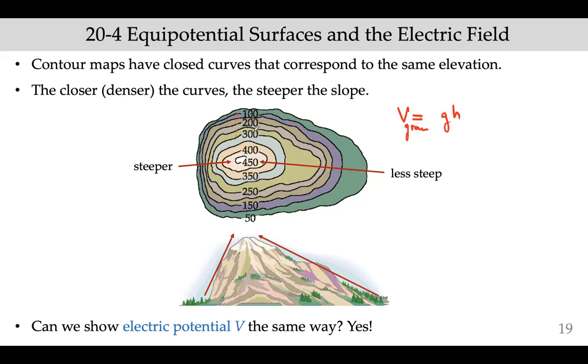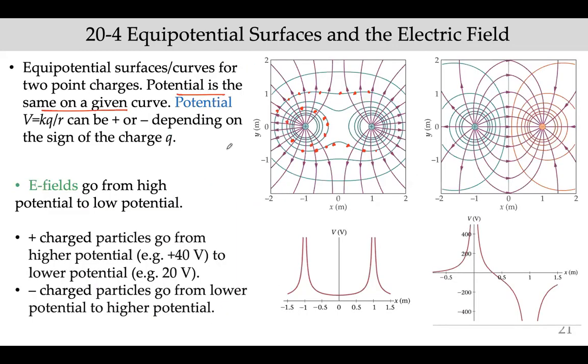But for any chosen curve, let's choose this curve, at all points on it, the elevation or h or the potential is the same. So it's the same value, which is 300 for this curve. So let's go forward.